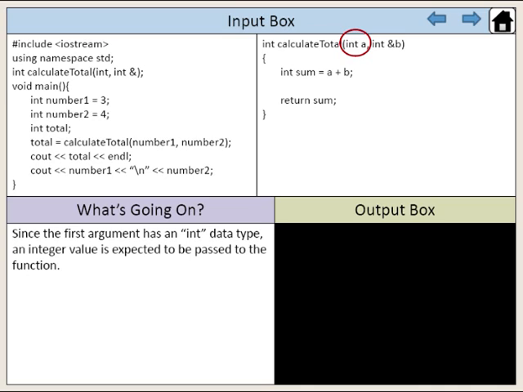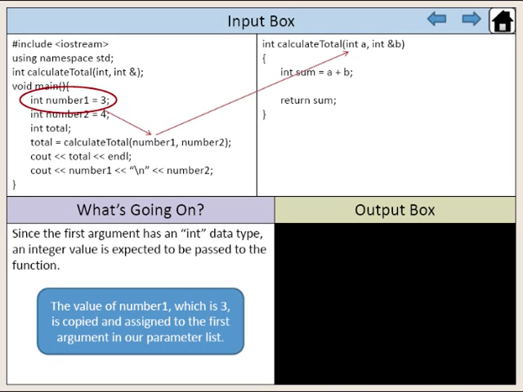Since the first argument has an int data type, an integer value is expected to be passed to the function. The value of number 1, which is 3, is copied and assigned to the first argument in our parameter list.